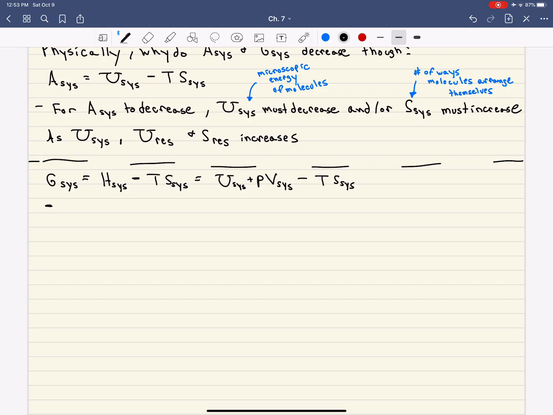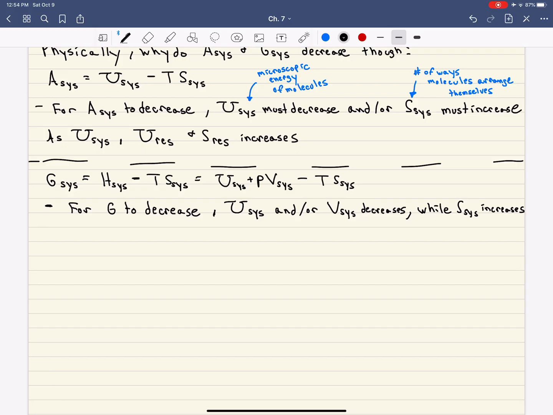All right, and so for the Gibbs energy to decrease, what we need to see happen is either the internal energy of the system and/or the volume of the system decreases, and at the same time the entropy of the system would increase as well. Okay?